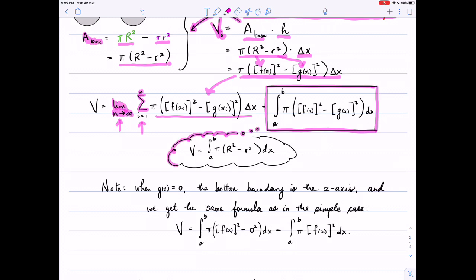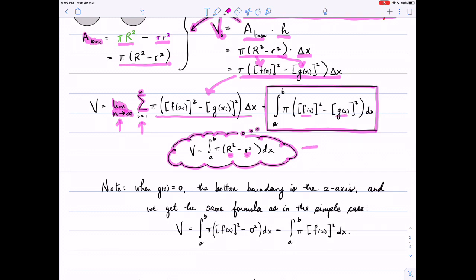So we think about this in kind of a memory aid type formula, which is this, that the volume is given as the integral from a to b of pi times big R squared. Big R was our f of x because it was on top, minus our little r squared. Little r squared was g of x because it was the lower bound.